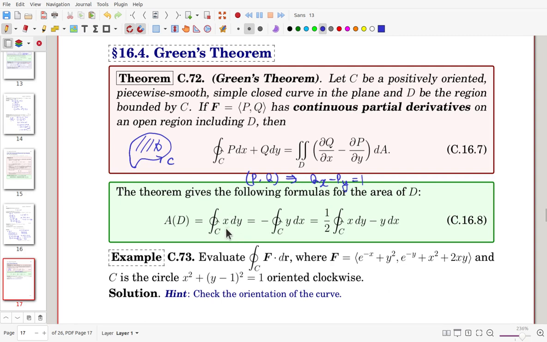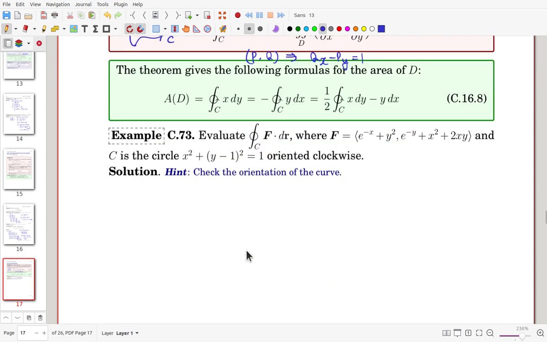Then this one can be written as the area formula. And this is the other choice, and the average is obtained in this way. So that is an application of Green's theorem for the computation of area. Along the boundary, we integrate x dy, then you can find the area once the curve is closed.